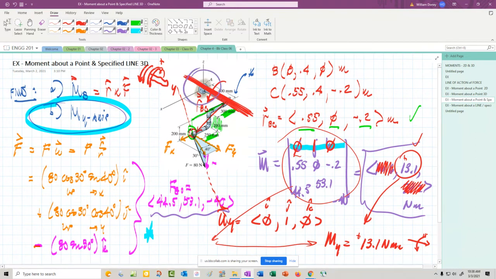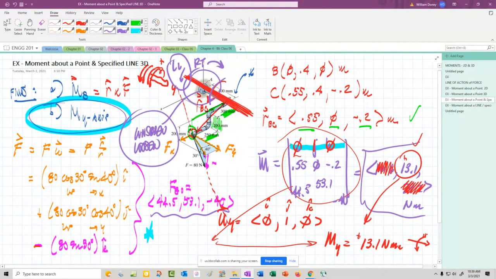Looking at this connection right here, righty-tighty is clockwise, lefty-loosey is counterclockwise. So this moment about here that's this direction is actually lefty-loosey, has the potential to unscrew or loosen that connection right there, that pipe connection, if it's a screw-in.